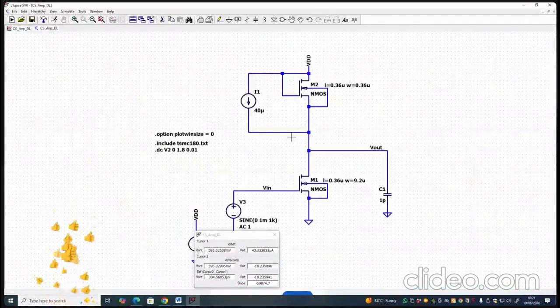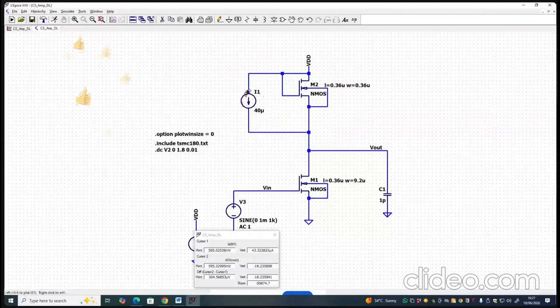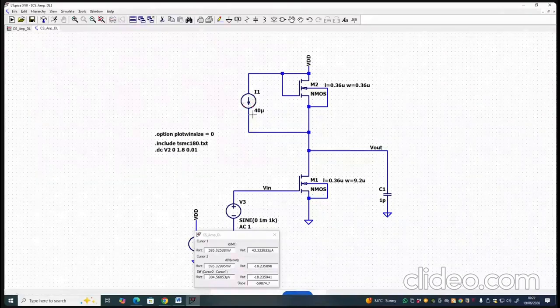And obviously, there will be some non-ideality when you implement this. Of course, this current source has to be implemented using a transistor now. Everything is right.